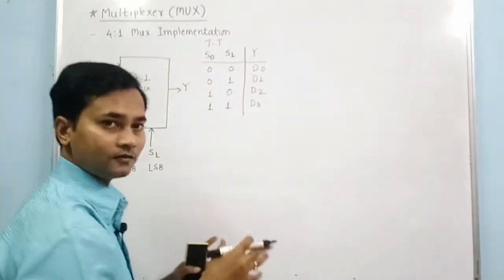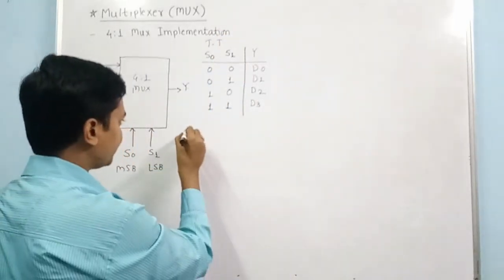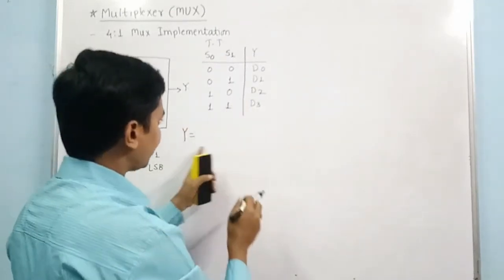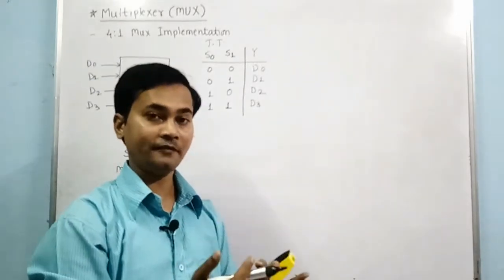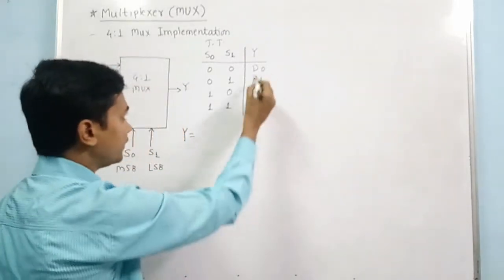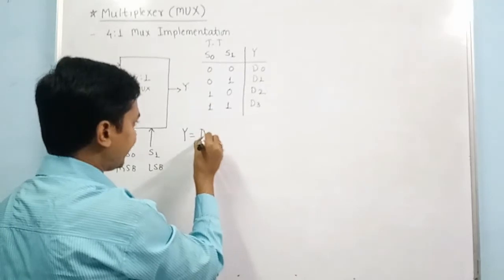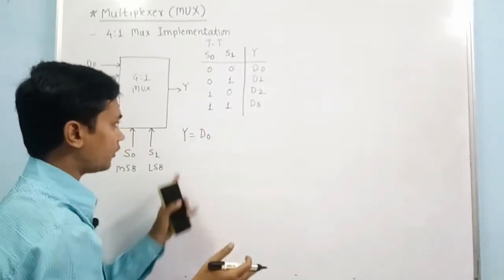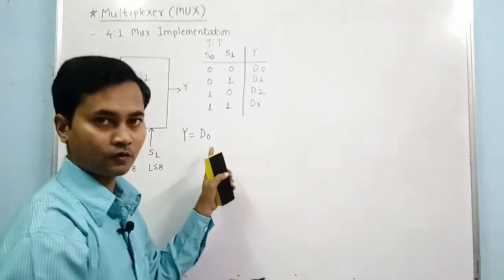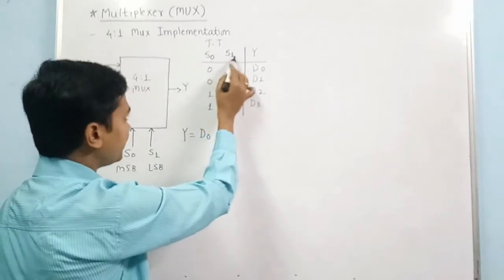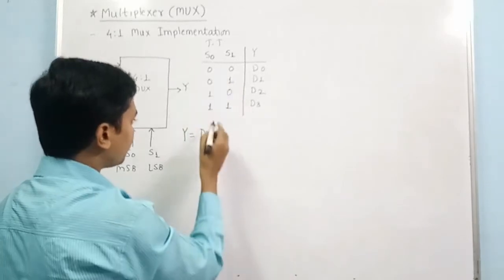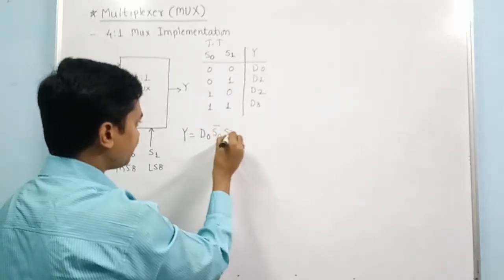we have to obtain the SOP expression. So the SOP expression is written as Y is equal to, and for an SOP expression we write the complemented variable for 0 and the normal variable for 1. D0 is taken as it is because we don't know exactly what the status of D0, D1, D2 and D3 is, so we write D0 directly. Then what about S0 and S1? We know the status of S0 and S1, so for 0 we write the complemented variable, S0 bar and S1 bar.